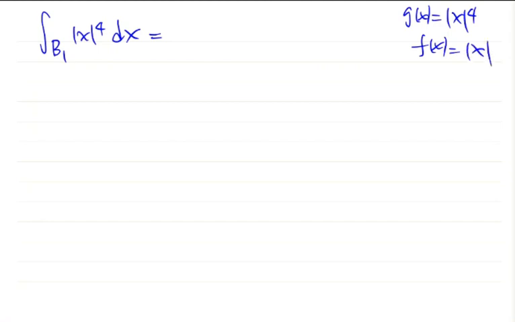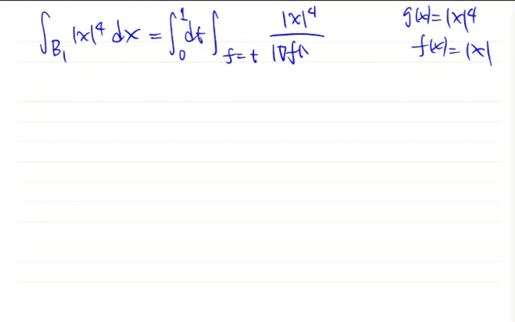So using the coarea formula, this can be written as the integral from 0 to 1 dt, then f equal to t, g(x), that is the norm of x to the power 4, over the norm of the gradient of f, dσ. But the norm of the gradient is 1.